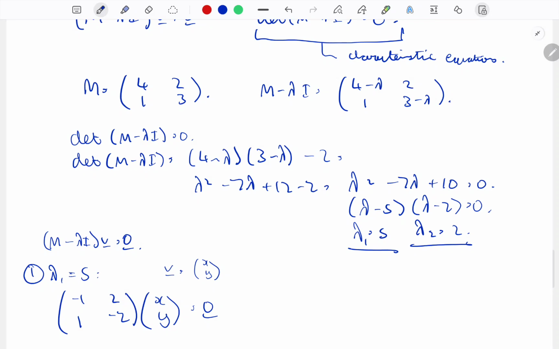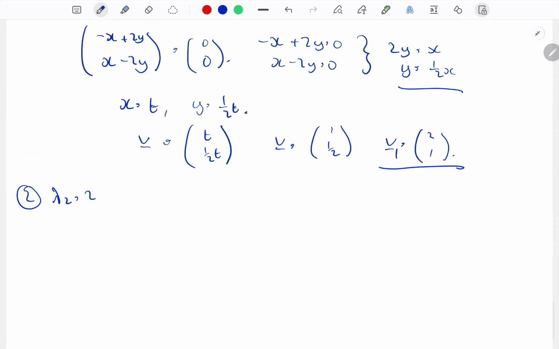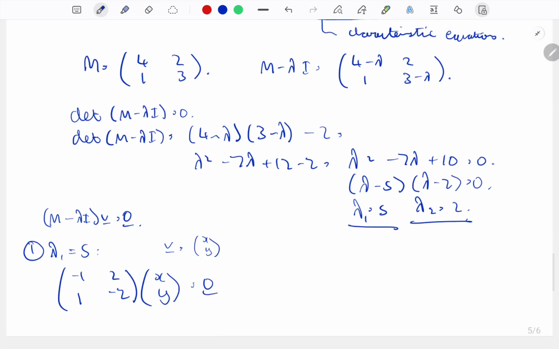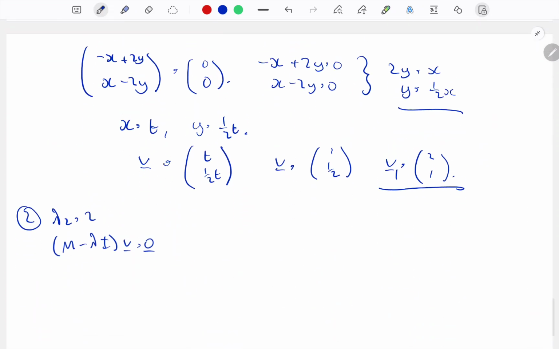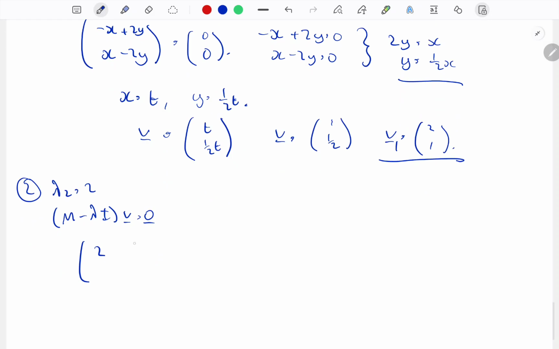Now let's consider the second eigenvalue, lambda 2 is equal to 2. So M minus lambda I v is equal to 0. So 2, 1, 1, 1 multiplied by x, y is equal to 0, where v is equal to x, y.